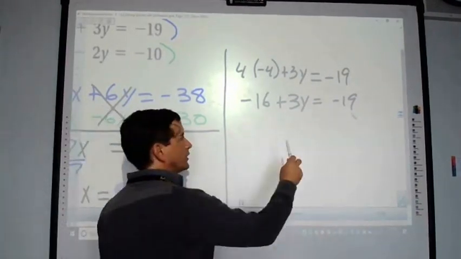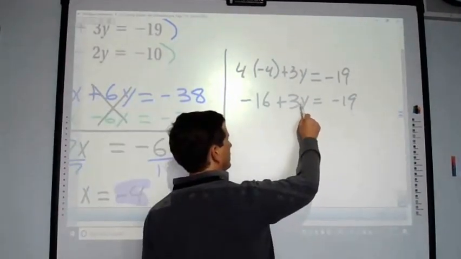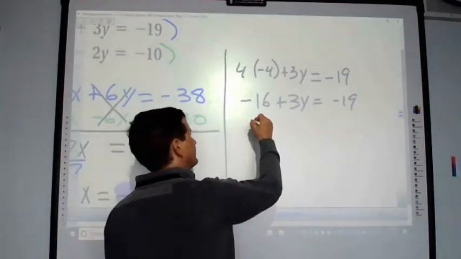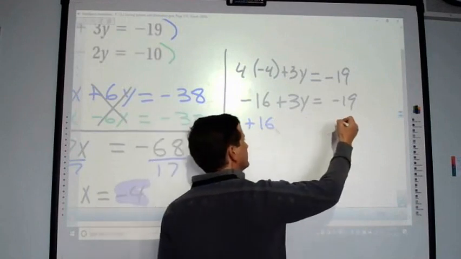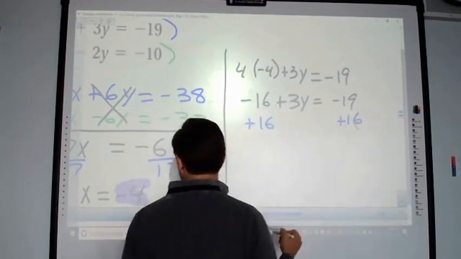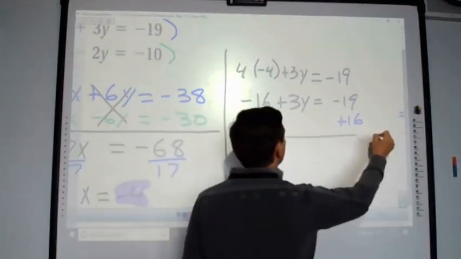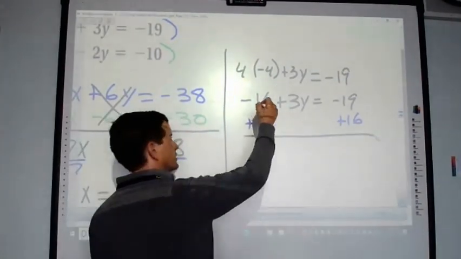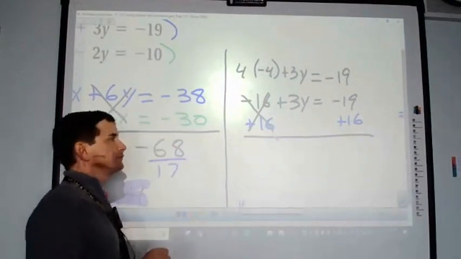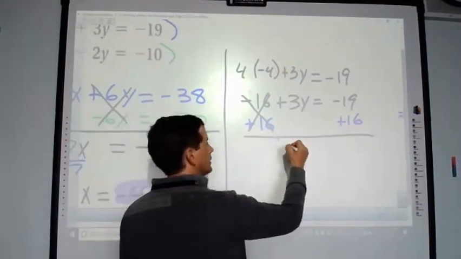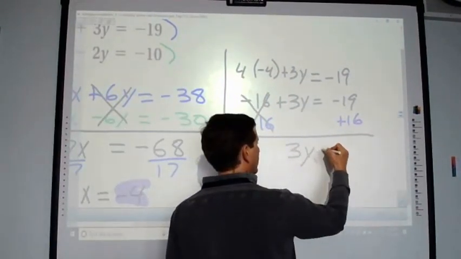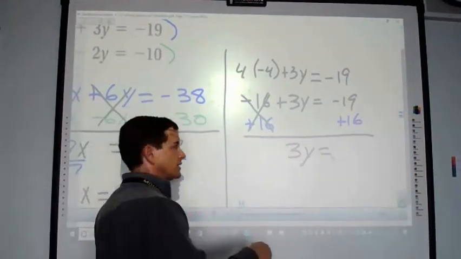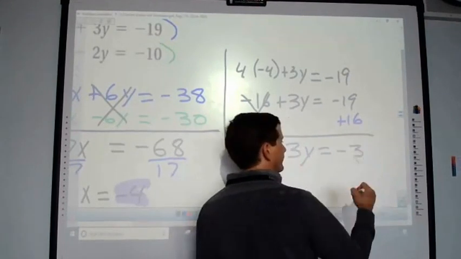Again, you can cover up the variable and add 16 to both sides. So this -16 and +16 cancel. Bring down that 3y from the left side of the equal sign. -19 plus 16 is -3.